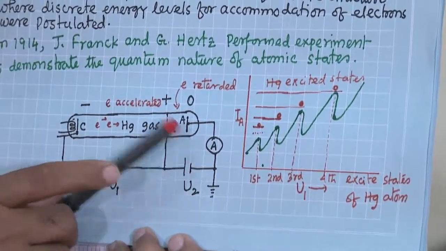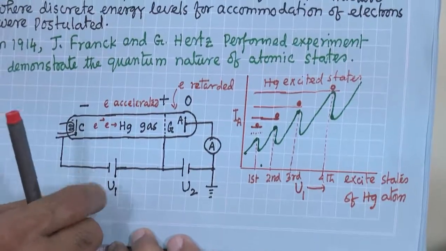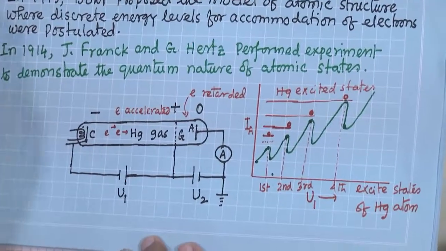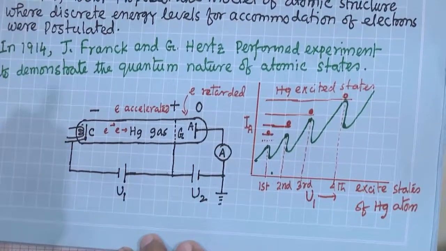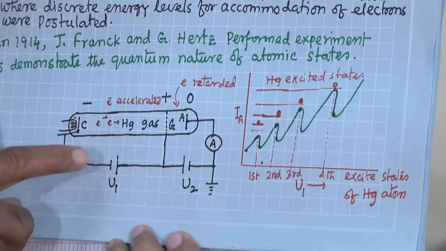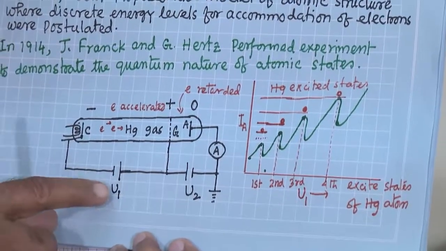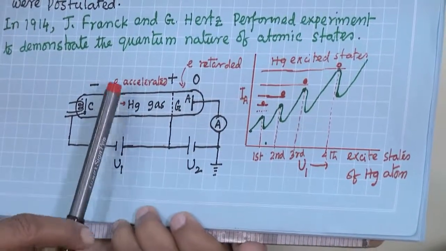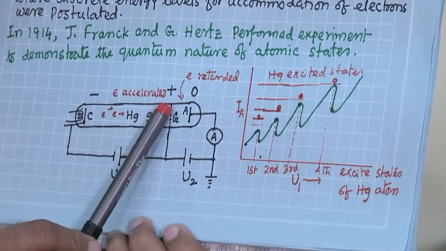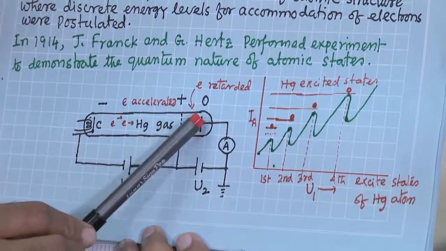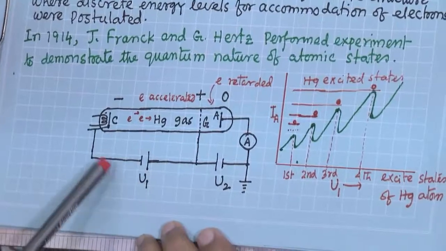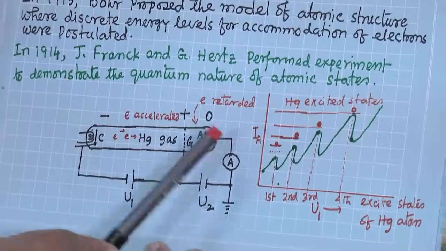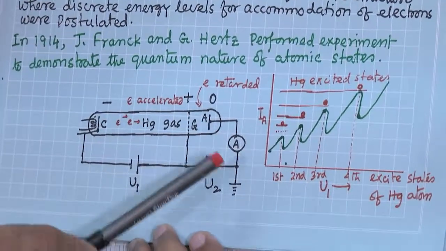Now what we will do, we will increase this U1 voltage. That means I am increasing the kinetic energy of the electron, charge times U1. Then the electron will overcome this retarding potential and reach the anode. As I increase U1, more electrons reach the anode and I get more and more current.